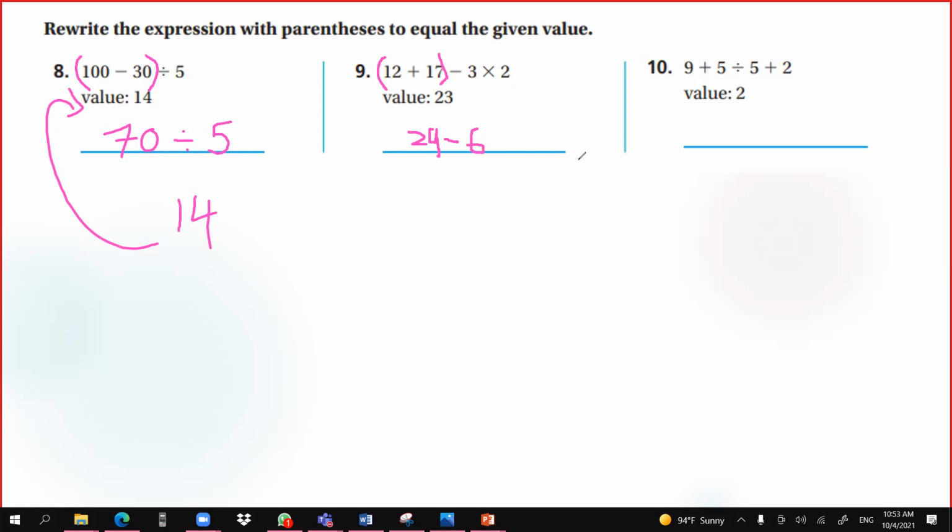So here you will first add. If you put 12 plus 17, it's 29 minus 3 times 2.